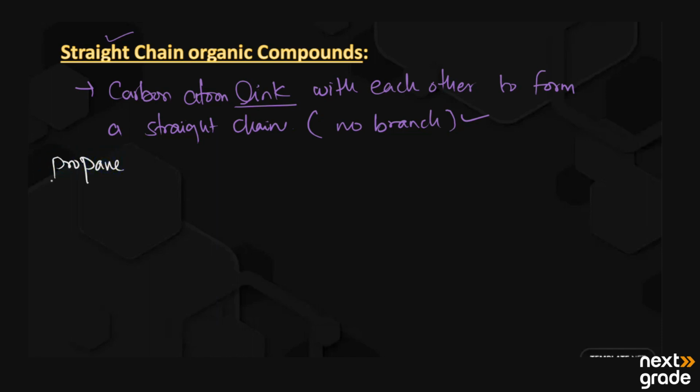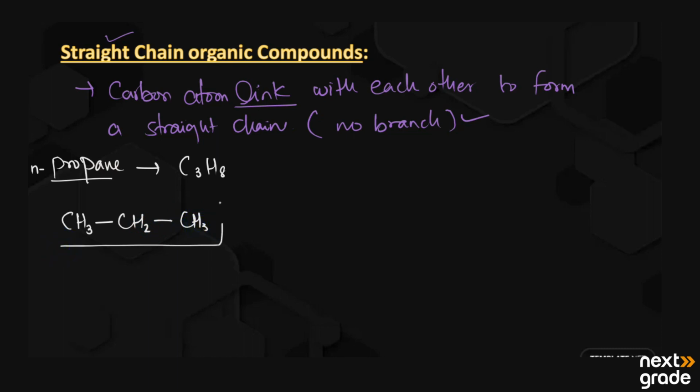Likewise, if we take the example of propane, it is known as n-propane, and it shows the normal propane. Its molecular formula is C3H8. Its straight chain structure is: first CH3, next bonded with CH2 and bonded with CH3.